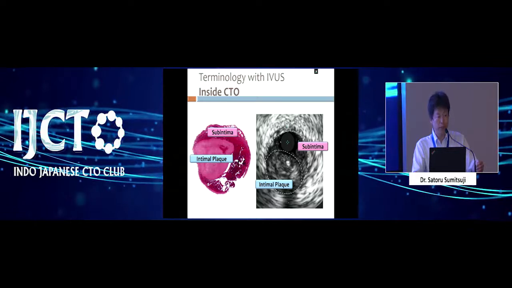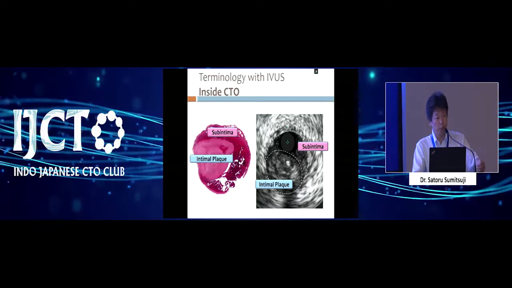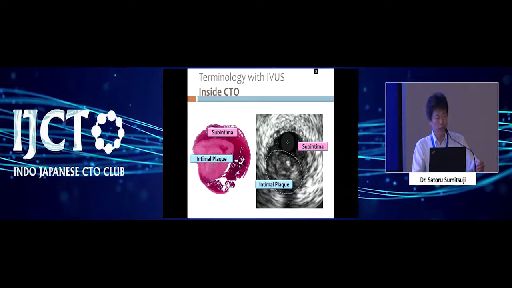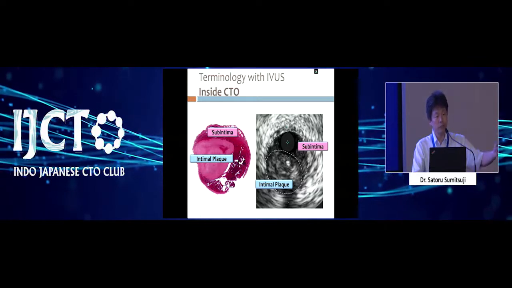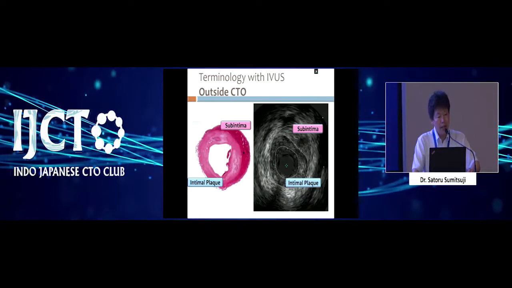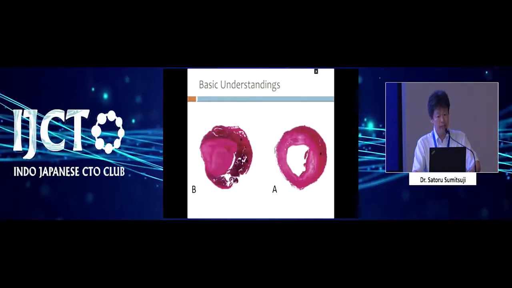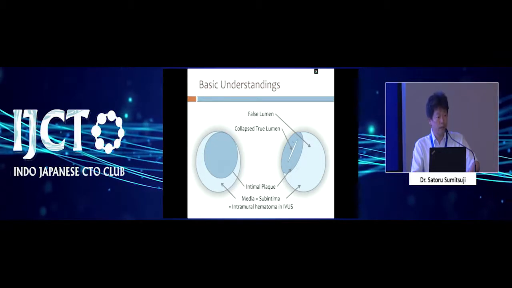This is subintima. Sometimes the intramedia and intima-media border could be dissected, but that space is not so easily expanded because the media is outside of the space. And this is the space that is easily expanded and sometimes collapses the true lumen.